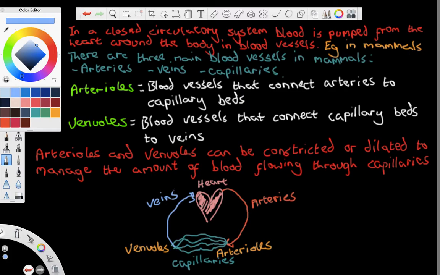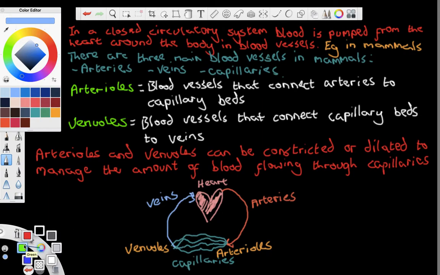Arterioles and venules have the ability to be constricted or dilated, and therefore it controls the amount of blood flowing through the capillary beds. We've then drawn a diagram down here that shows that blood moves from the heart through arteries. It then goes through arterioles into capillary beds, into venules, into veins, back to the heart.